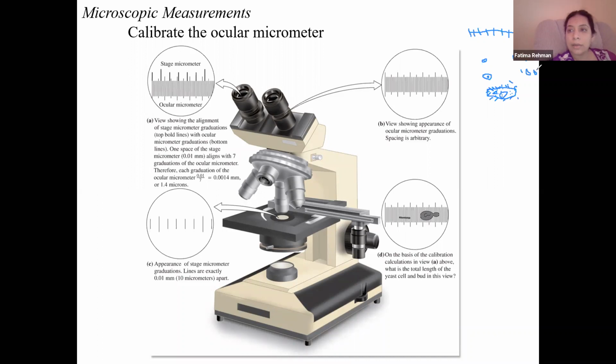I can't write with my mouse, it's sad. So the size of my cell is going to look like it is changing a lot, and maybe it is 25 ocular units here for all I know.